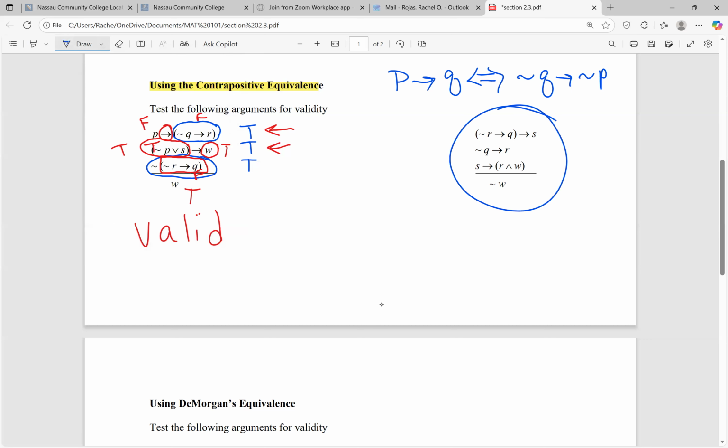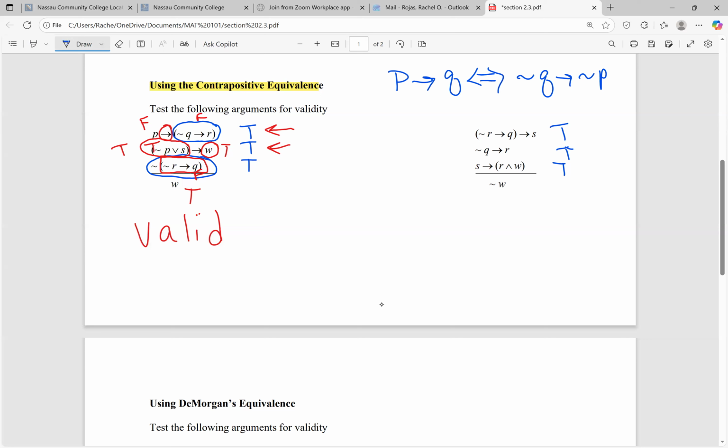So let's look at the next example. Let's assume our three premises are true. Let's see if we could use some sort of equivalence that involves conditional statements, because I have a conditional in each one of those premises. I don't see an or statement.